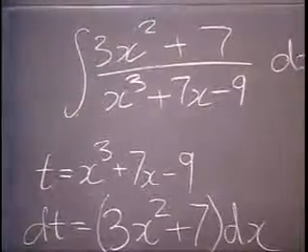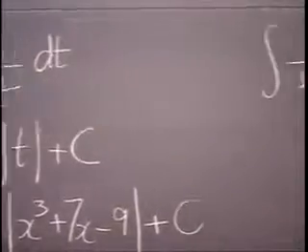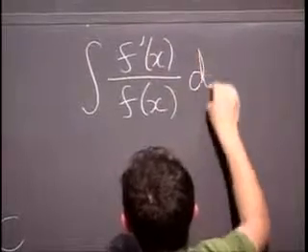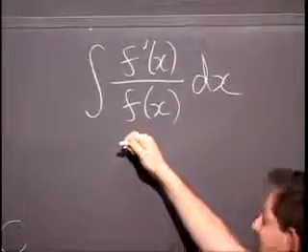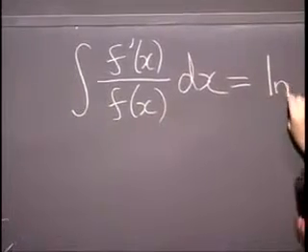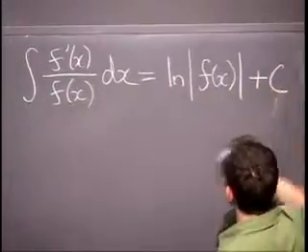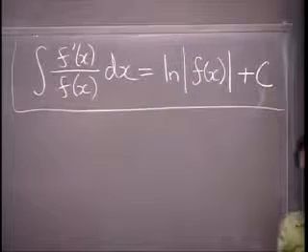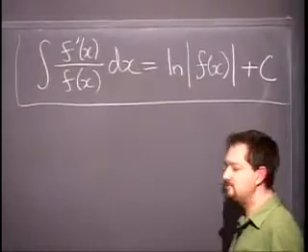So in symbols, if you have some denominator, call it f of x, and the top happens to be exactly the derivative, then the substitution t equals f of x is going to give you dt as f prime of x dx, and you will find that you just get the log of the absolute value of the bottom plus a constant. And that's worth just memorizing, because you can actually save on a substitution. You kind of get used to these things, and you don't really even do a substitution.